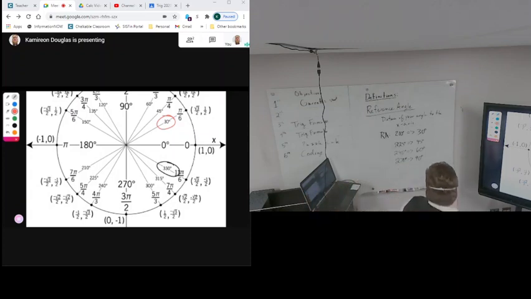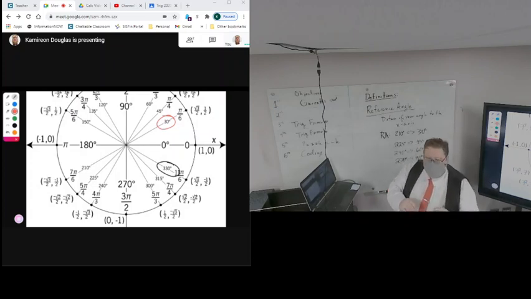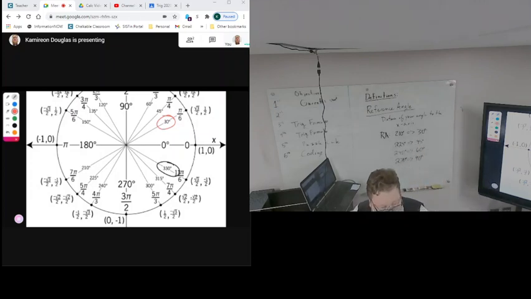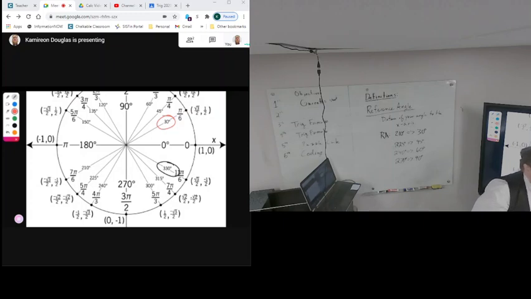What that means is, in the bigger picture of things, because the unit circles are based upon the trig functions, the sine values will be similar for 30 as for 330. The cosine values will be similar for 30 and for 330.